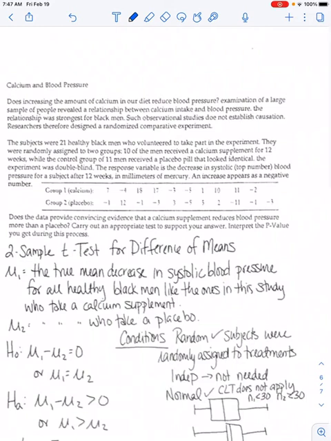Mu sub 1 is the true, think about what you're measuring. So I am measuring the decrease in their blood pressure. So the true mean decrease in systolic blood pressure for all healthy Black men, like the ones in this study, who take a calcium supplement. Mu sub 2 is the exact same thing, but who take a placebo. My null is that there is no difference.